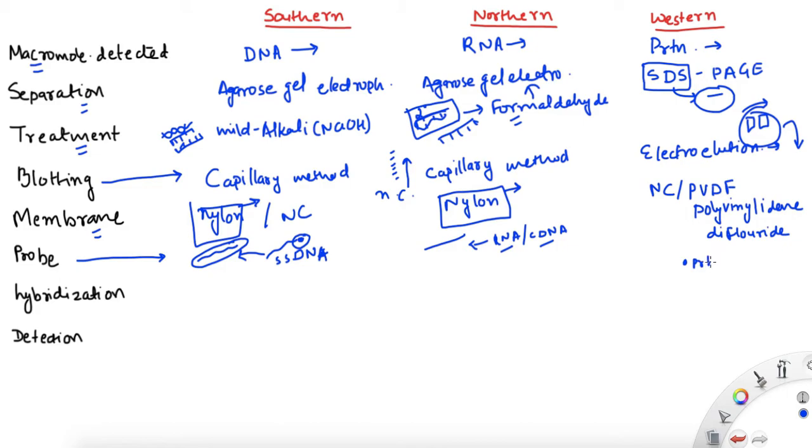So what we saw was we can use primary antibody and secondary antibody, which is going to be labeled. And we also saw that in Western blotting, we are not using a directly labeled primary antibody. We are not using the direct method, we are using the indirect method.